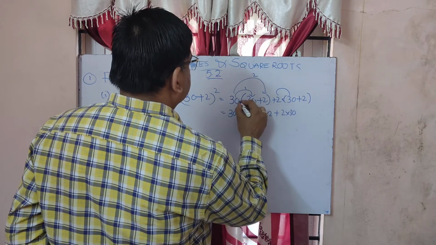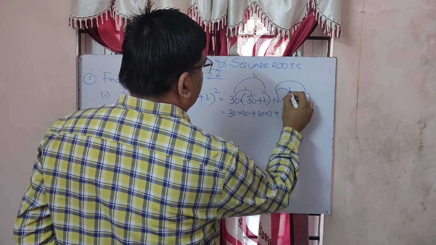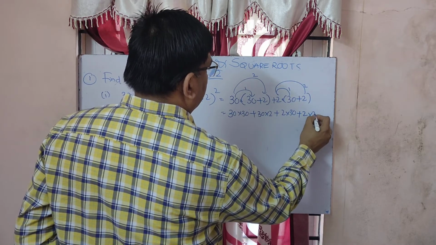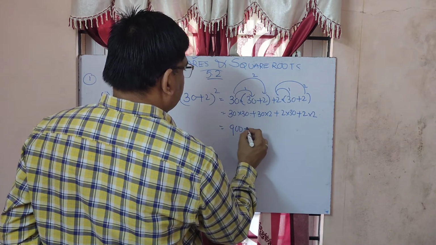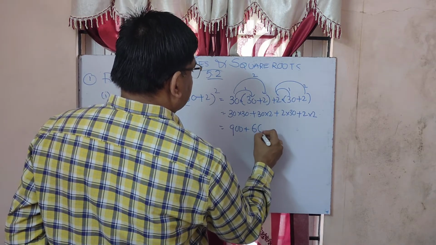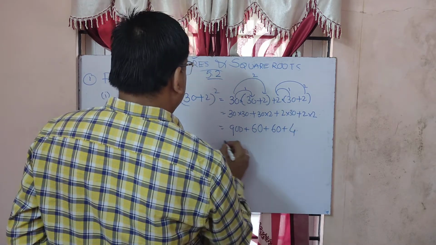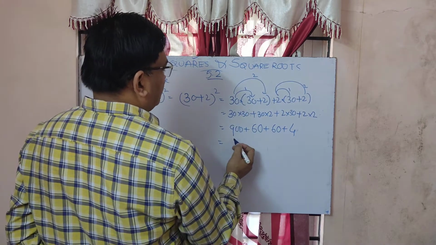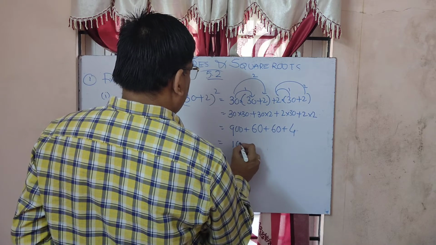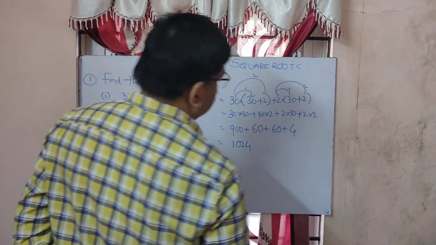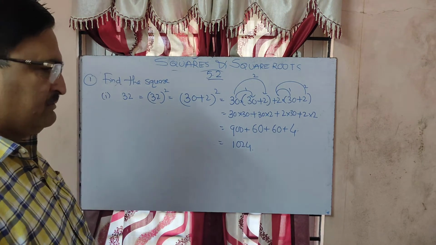Nothing in multiplication is there, always remember it. 3 3s are 9, then zeros, 900. 3 2s are 6, so 60. 2 3s are 60, same. 2 2s are 4. If you add it, 900, 960, 1020, 1024. So this is the way how to find out the square of 32.